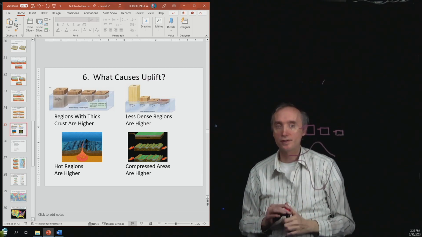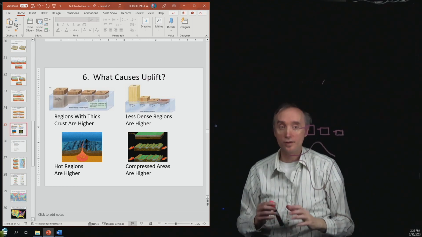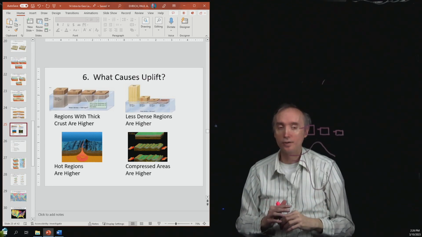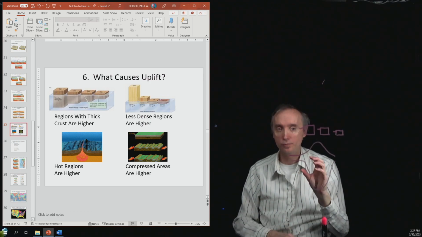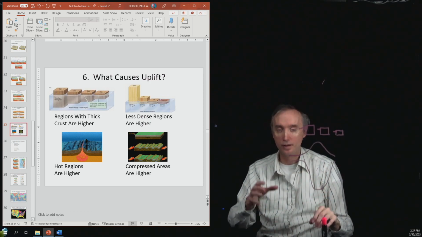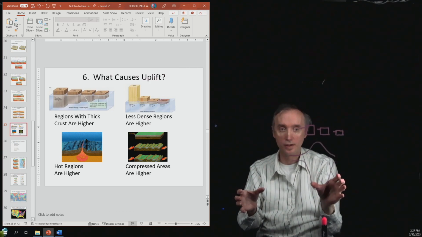The second one says that less dense regions are going to be higher. For this one, you can go to a hardware store and get 2 pieces of wood, maybe balsa wood and oak.